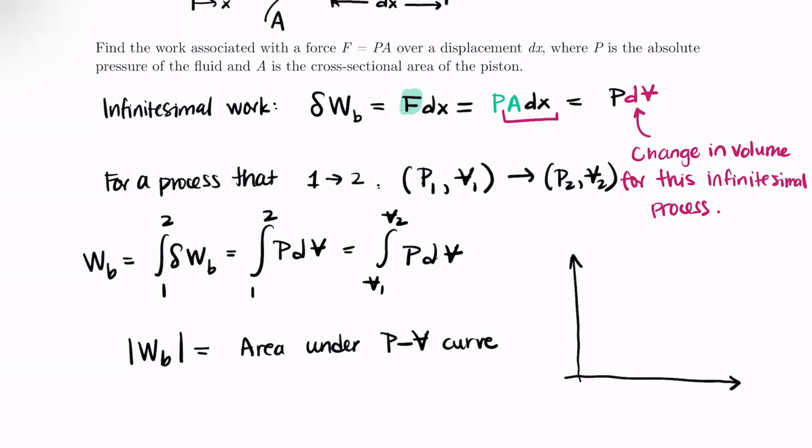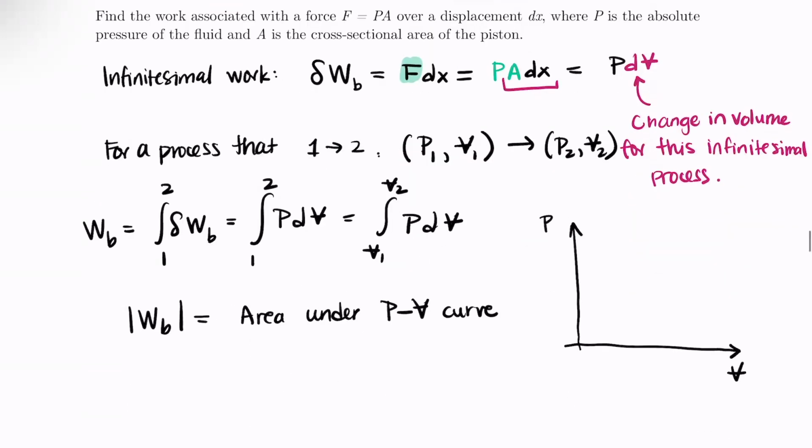The two variables of our states in this case are pressure and volume. In this particular case, we're looking at an expansion, right? So we're starting at a location 1 where our pressure is high and our volume is low.